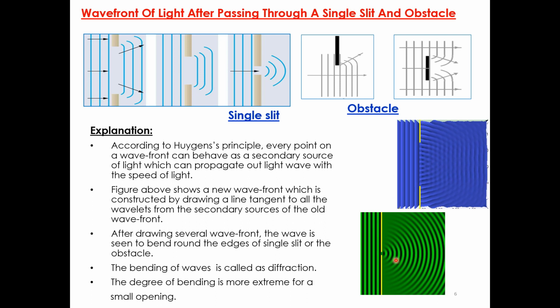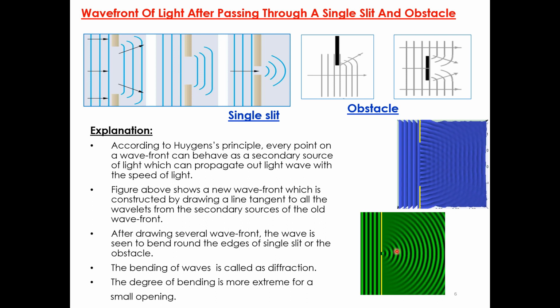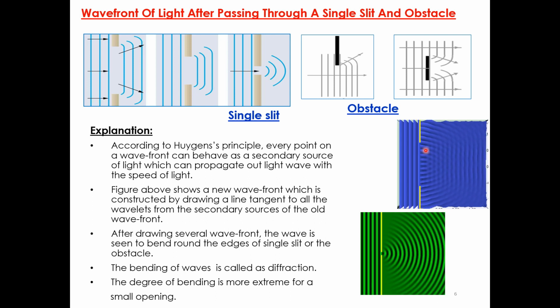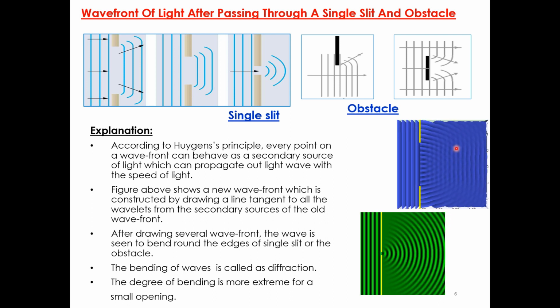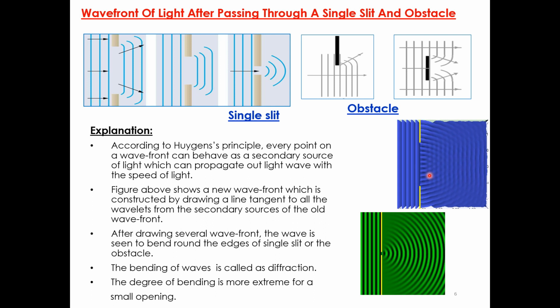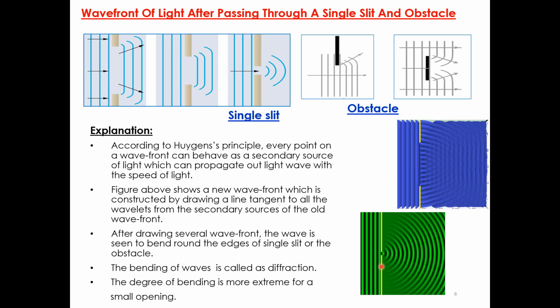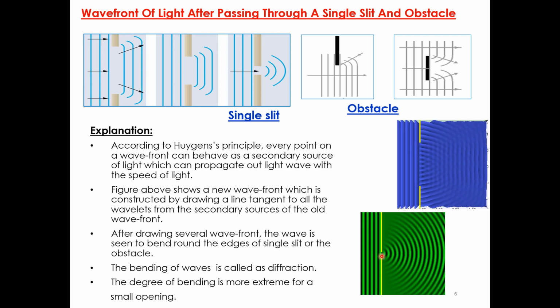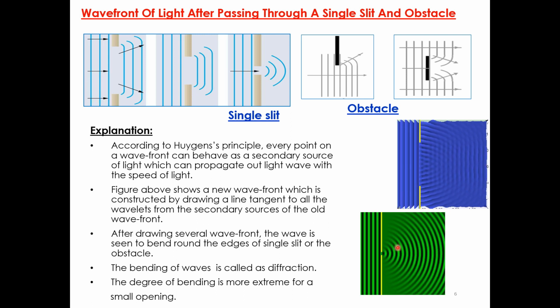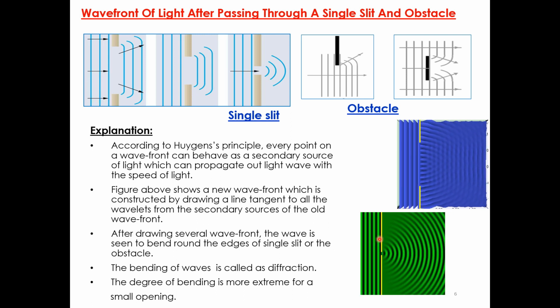The degree of bending is more extreme for a small opening. Compare the bigger opening and the smaller one: if the opening D is very small, the bending is more extreme.